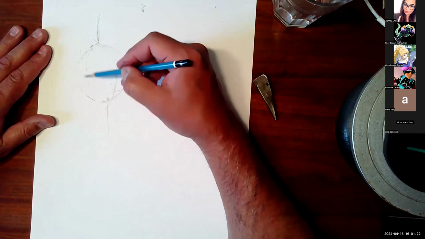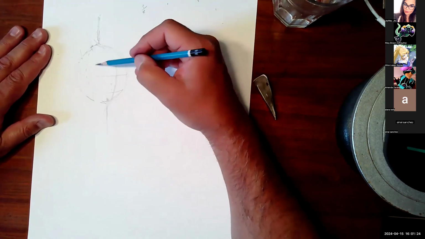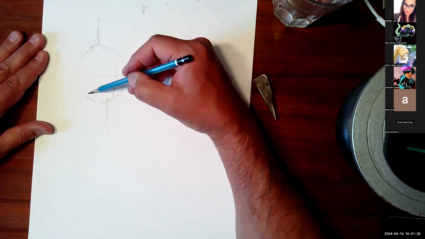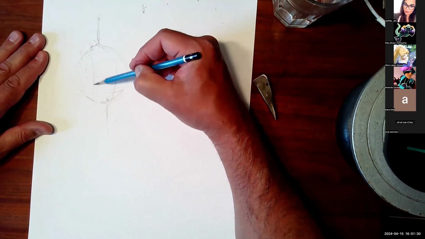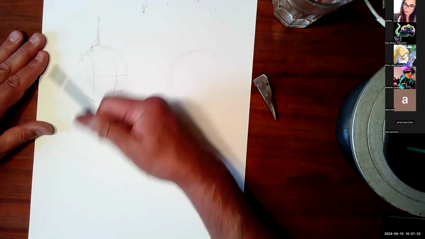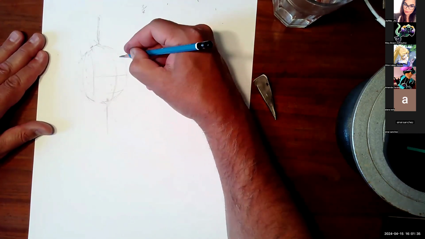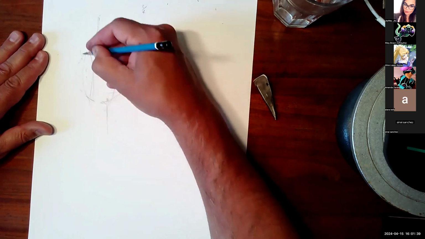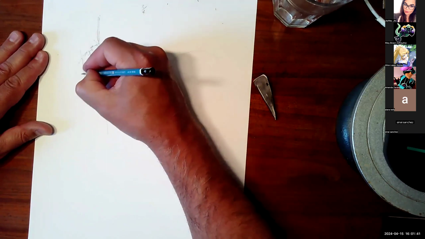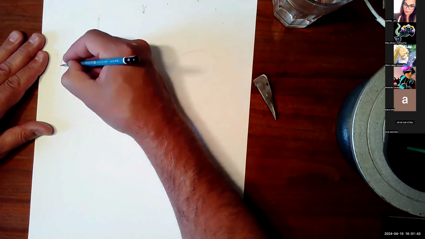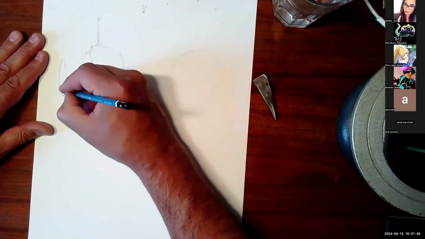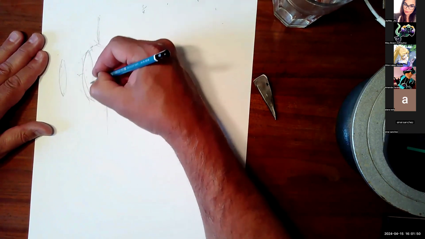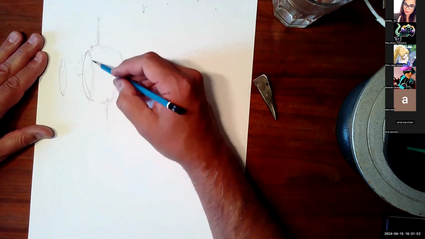The other thing the Loomis method does, which I think is kind of a weird thing, but it could be useful for some of you guys, is to look at the plane of the side of the head and just slice it off, right? It would be like I would have chopped off the little edge of my sphere, so that would be the side of his head.